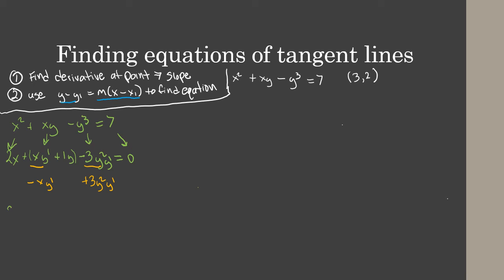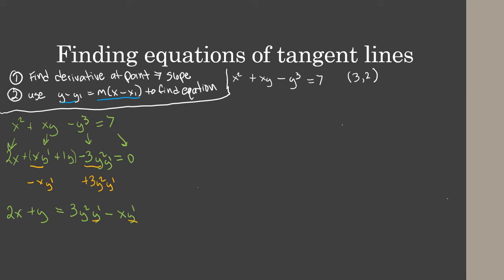That 2x stayed on the left side, and then plus y stays on the left side. Over here we have 3y squared y prime minus x y prime. And we can factor out a y prime from each term.